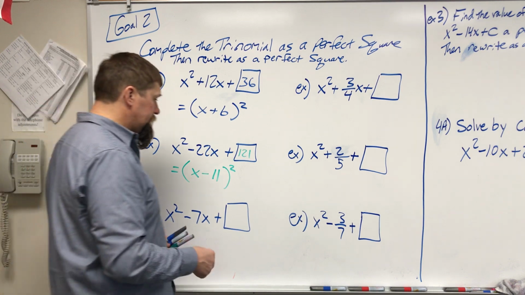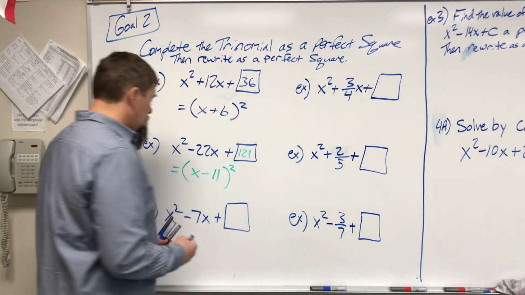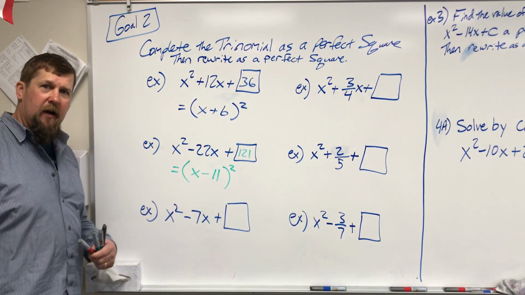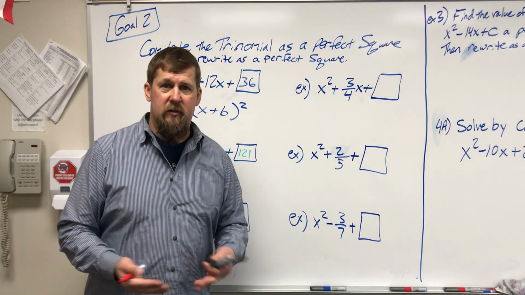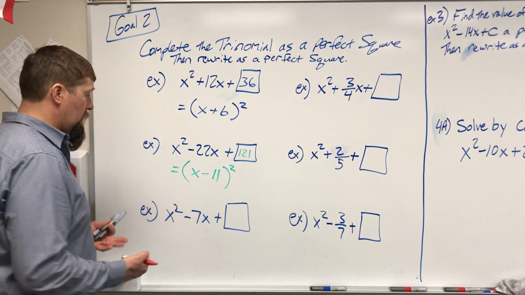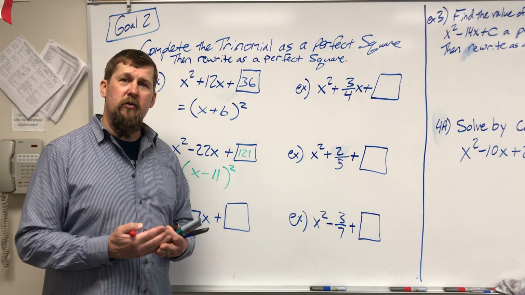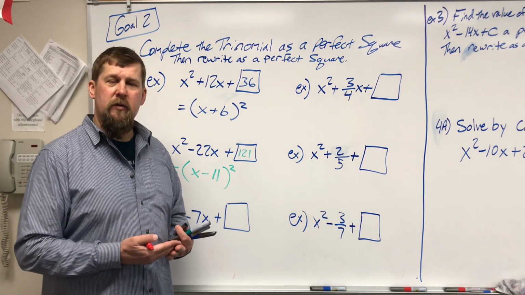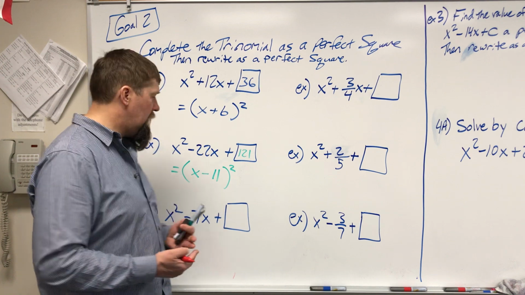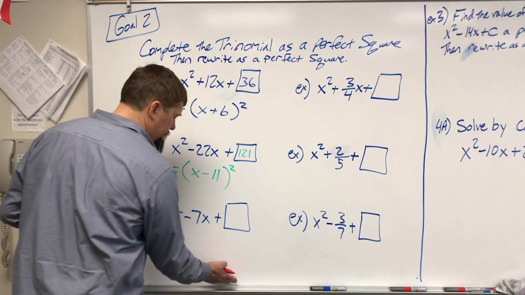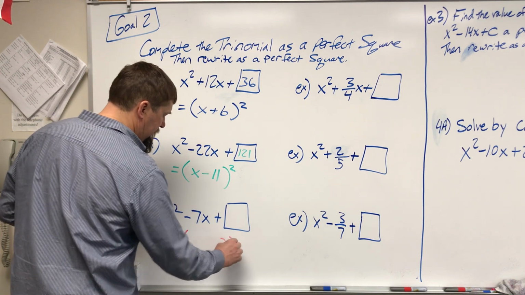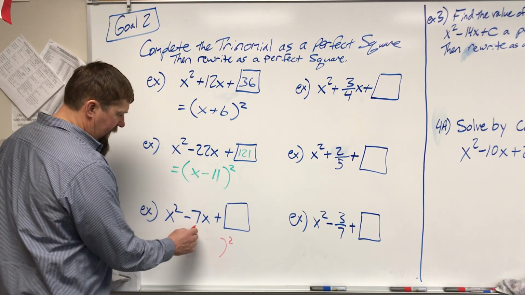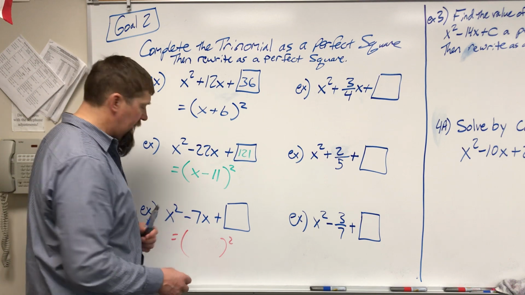Okay, now, when you have an odd number in the middle, I would like you to use fractions. Try not to go to decimals right away. There are so many students who want to use their calculators, but you don't need to. So stay away from the calculator as much as possible. Okay? So what I would like you to do is do exactly the same thing. Half of 7 is 7 halves.